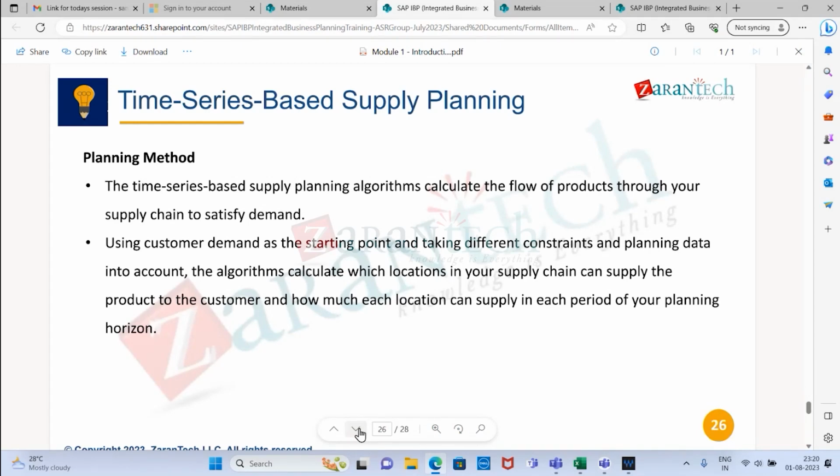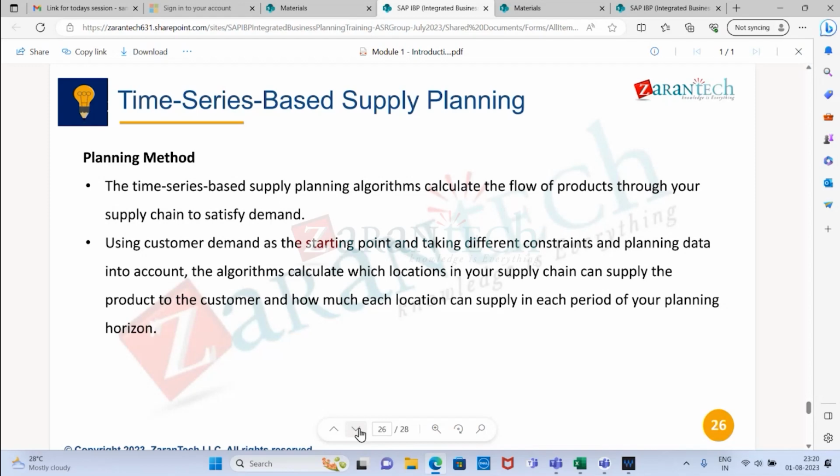Okay, so the planning method used for the supply planning is basically time series based on algorithms calculated based on the product requirements to satisfy the demand.